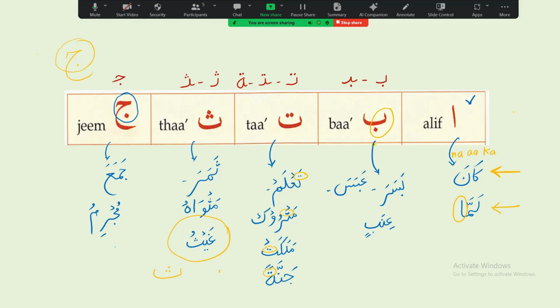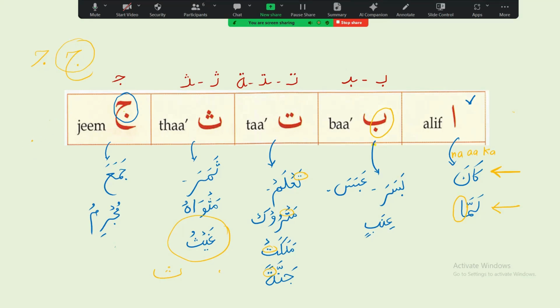Okay, so this is what remains, right? And the dot is now below. When we see the Jim in its full form, the dot is in the middle, right? We see the dot in the middle because there are only two alphabets in Arabic which have a dot in the middle. The first one is Jim, and then we have the Noon alphabet as well, right? So the Noon alphabet has a dot in the middle.